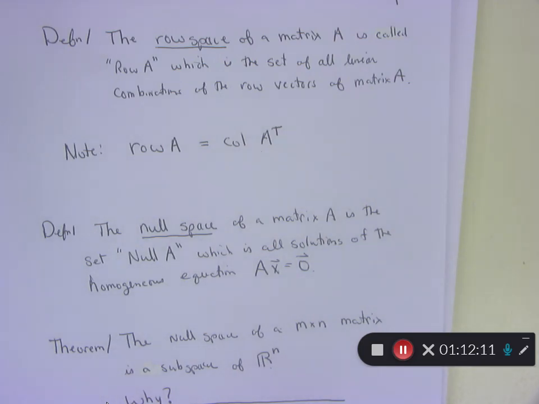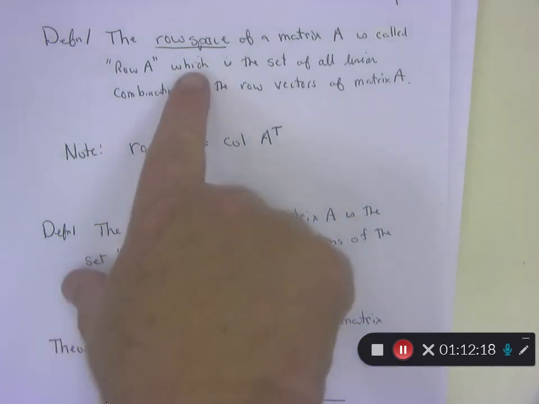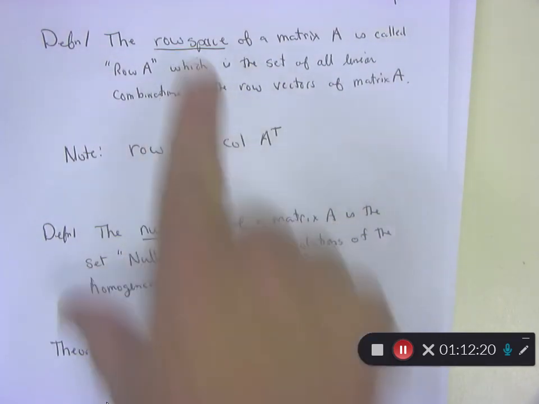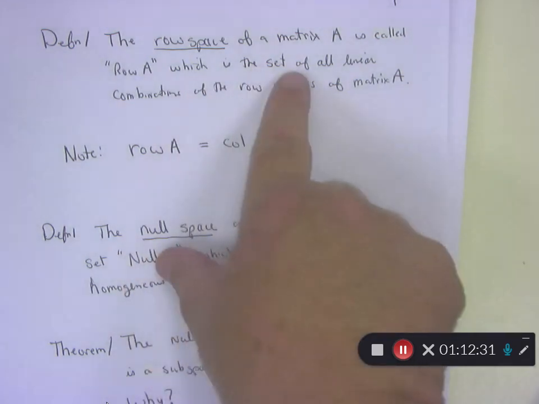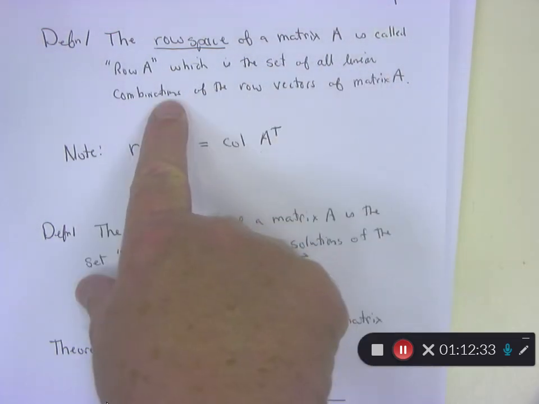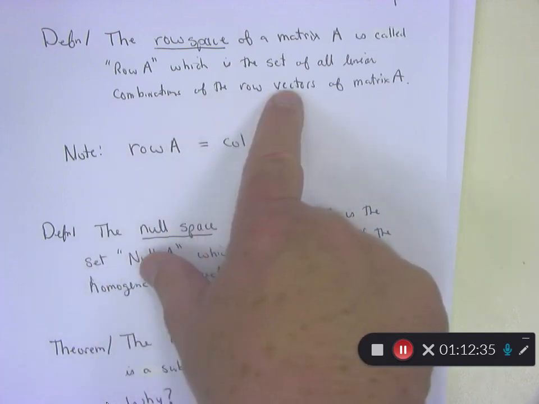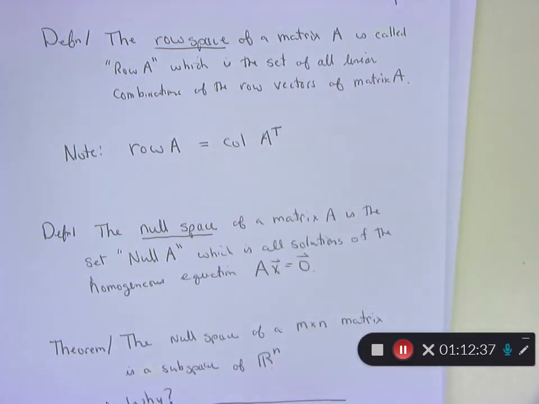Well, just as easily, we can look at the rows of matrix A and look at those guys as vectors. And that is called the row space. The row space of a matrix A is called Row A, because we're math people, we don't really think too deep into how we call this stuff. Row A, the row space of A, is the set of all linear combinations, aka the span, of the row vectors of matrix A.